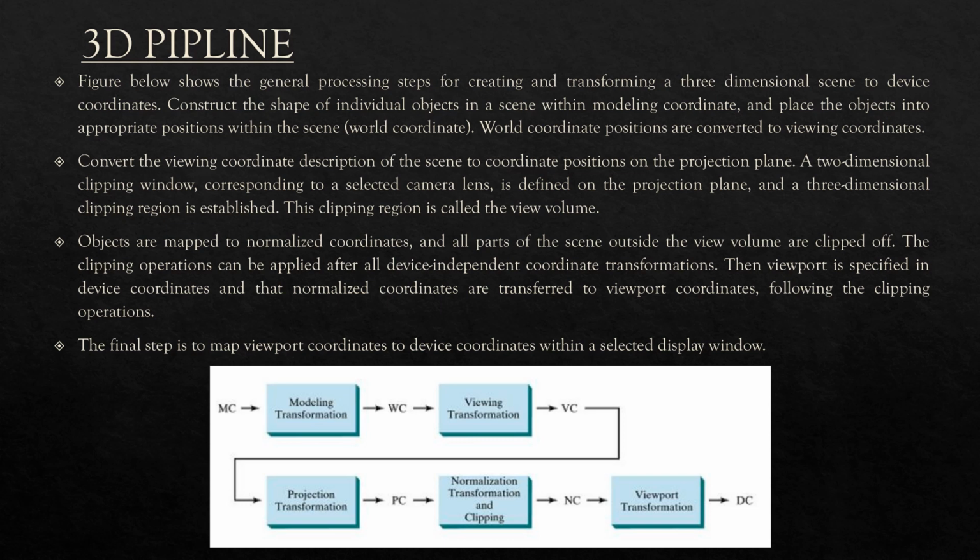World coordinate positions are converted to viewing coordinates. Convert the viewing coordinate description of the scene to coordinate positions on the projection plane. A two-dimensional clipping window corresponding to the selected camera lens is defined on the projection plane and a 3D clipping region is established. This clipping region is called the view volume.